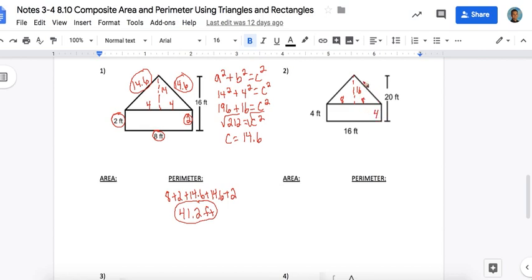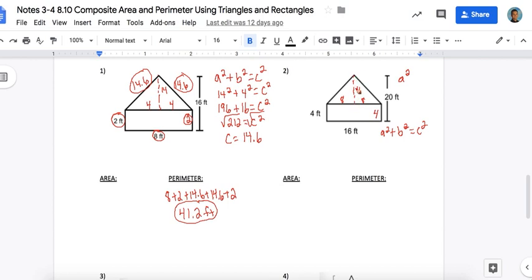So once again, I have to find the hypotenuse, so I'm going to do Pythagorean Theorem. Let's do it here, sorry. A squared plus b squared equals c squared.